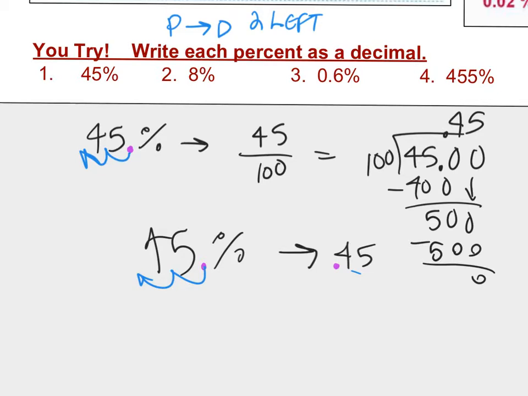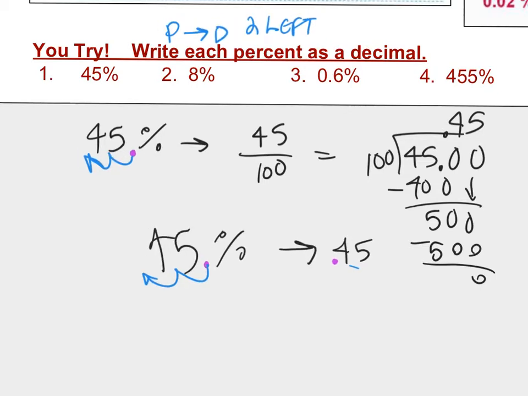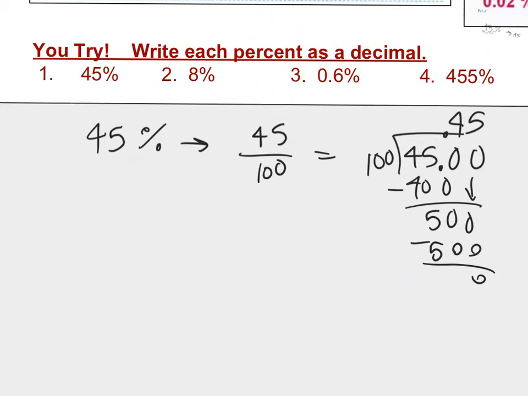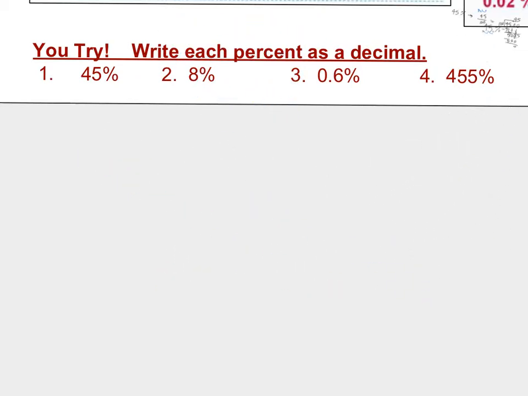So that question that you all had on your pretest, number 3, which we're going to talk about in a minute, if you think about 0.6%, many of you guys were like, oh, it's already a decimal. But in reality, it's not, because this is not 60%. This is 0.6 of a percent.